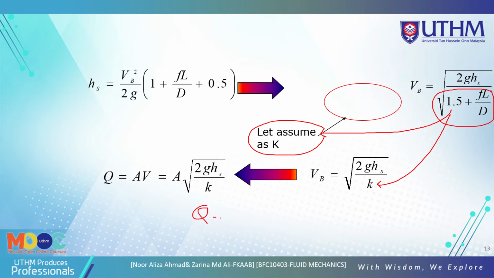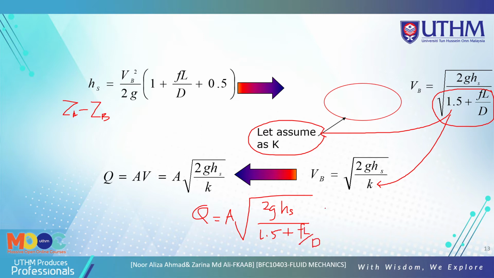So we get Q equals A times the square root of 2GHS, where HS is ZA minus ZB, divided by 1.5 plus FL over D. It is easier to remember this one, no need to assume.